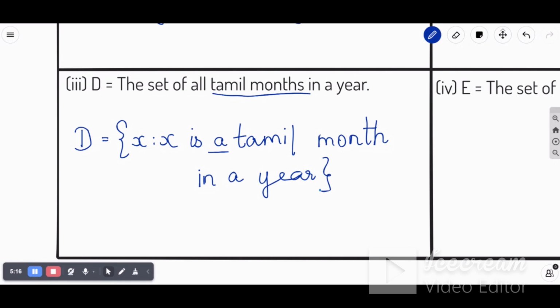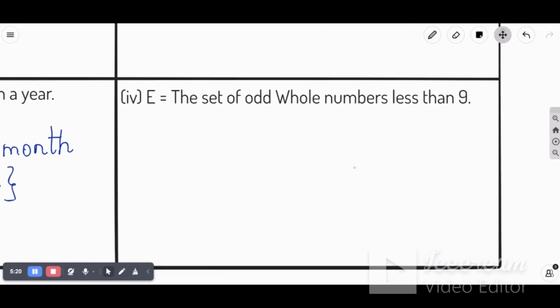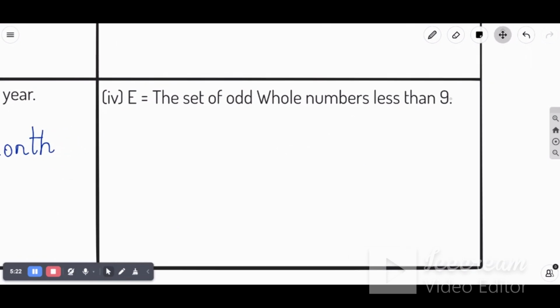Now let us move on to the next question. E is equal to set of odd whole numbers less than 9. So let us build the set. E is equal to x. This is the rule, except that x is a singular thing so we have to write it that way. So x is a, we have to start from here.